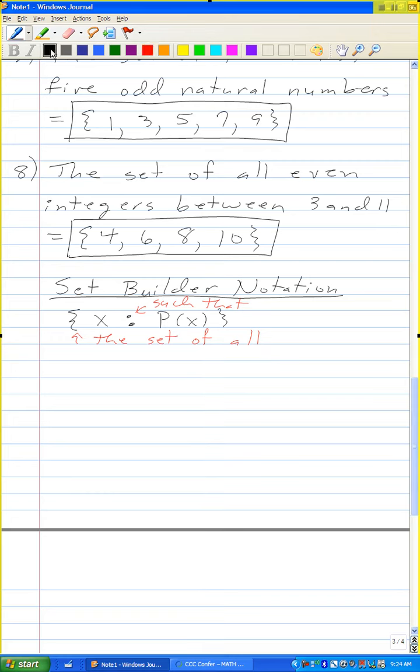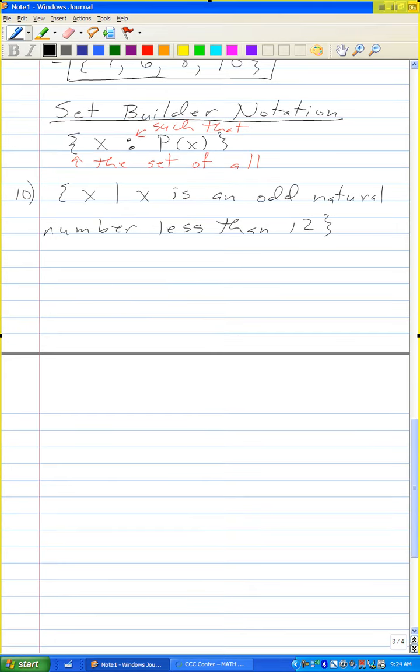Let's do problem number 10. The set of all x such that x is an odd natural number less than 12. And so let's list these.